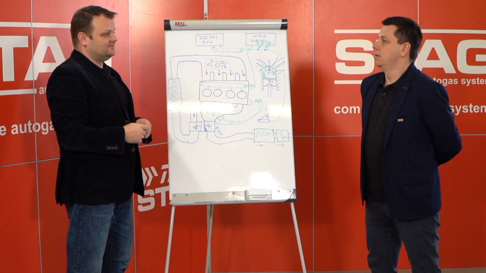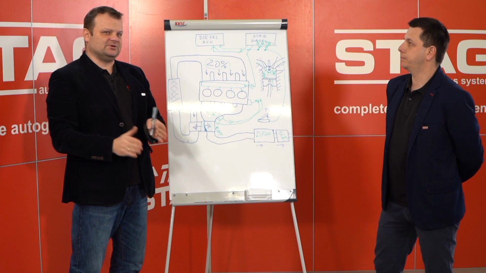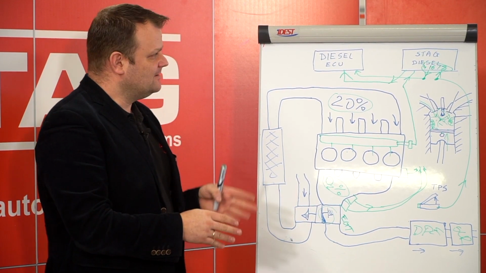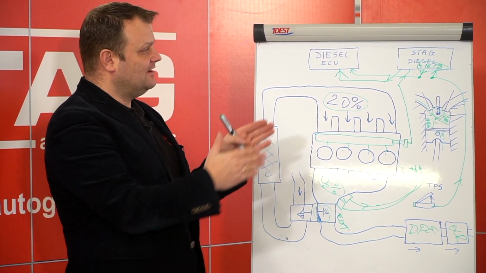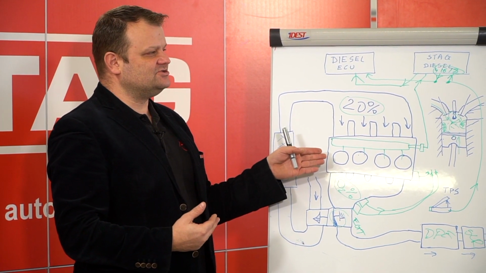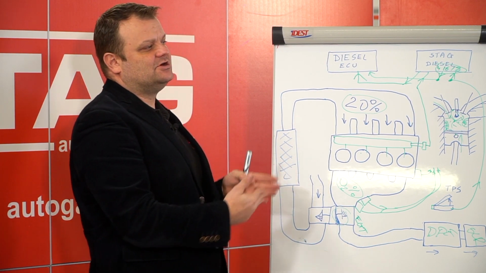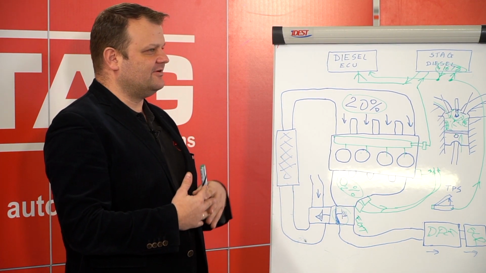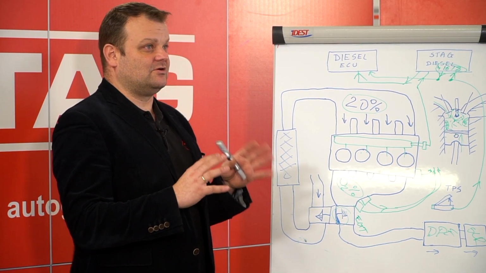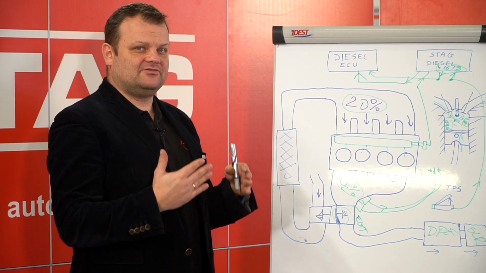There is a main difference between a petrol conversion system and STAG Diesel. We need to deliver enough fuel in the energy cofactor, which means we need to deliver 50% of engine power.